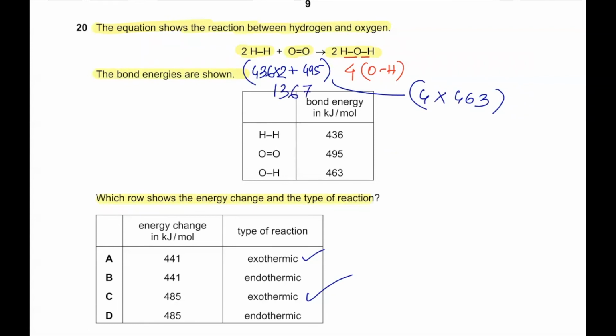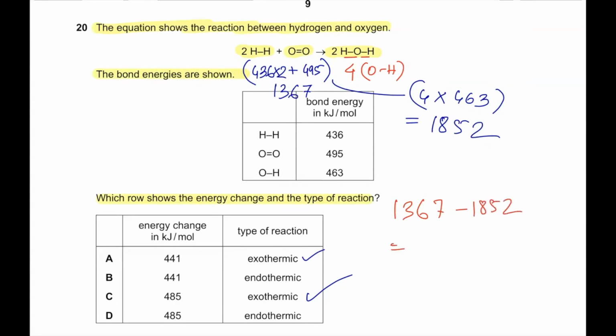For the other side, 4 into 463, we have 1852. Definitely an exothermic reaction. So if we do the subtraction, 1367 minus 1852.